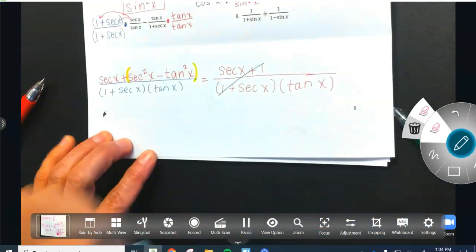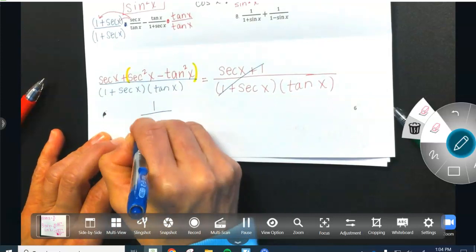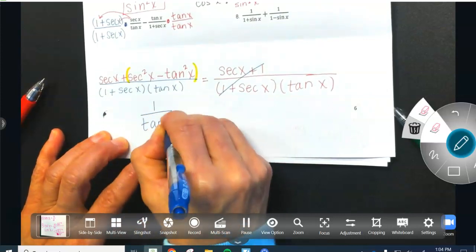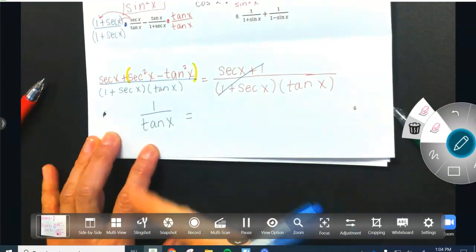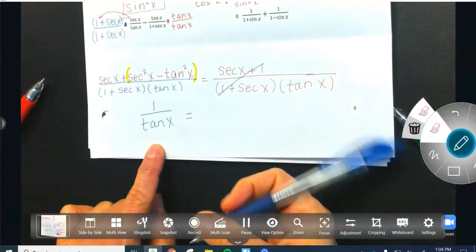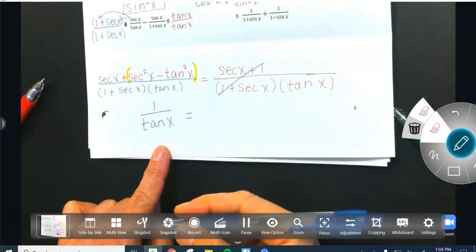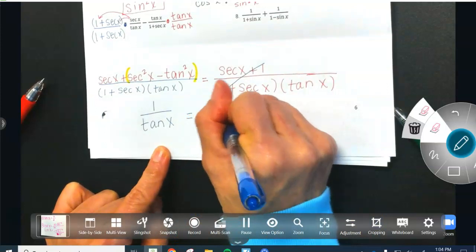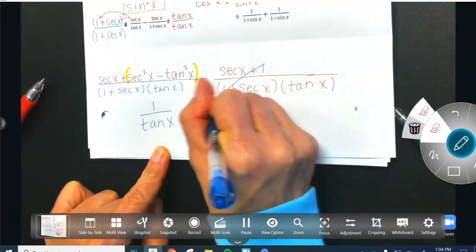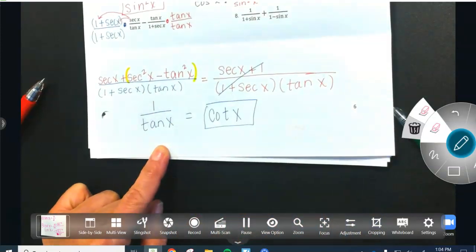So that's going to be 1 over tangent x, but we're not writing that. We can write that without a fraction. What is that? Cotangent x. That is correct.